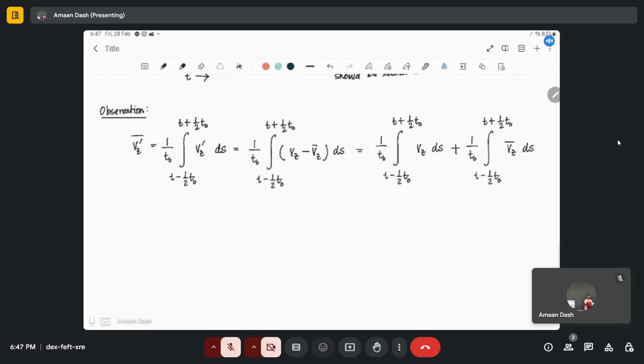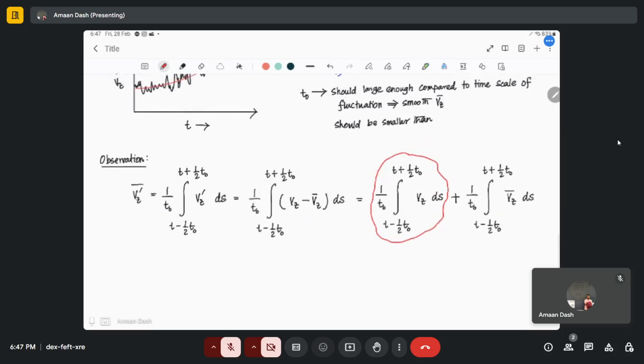And this particular expression here is nothing but Vz bar.